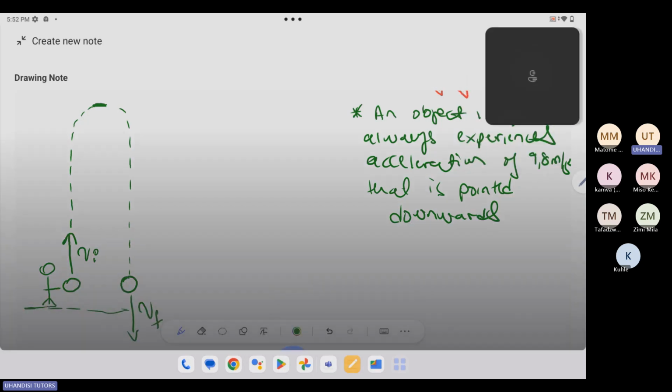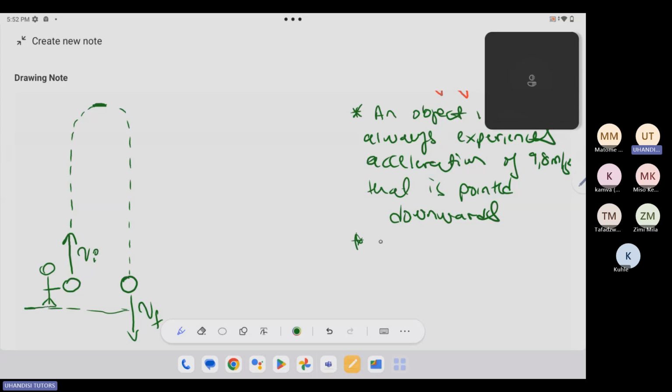The second thing that I want you guys to understand: at the turning point, the velocity is equal to 0. So the magnitude of the velocity vector decreases until it is 0, and then it begins to increase again, right?